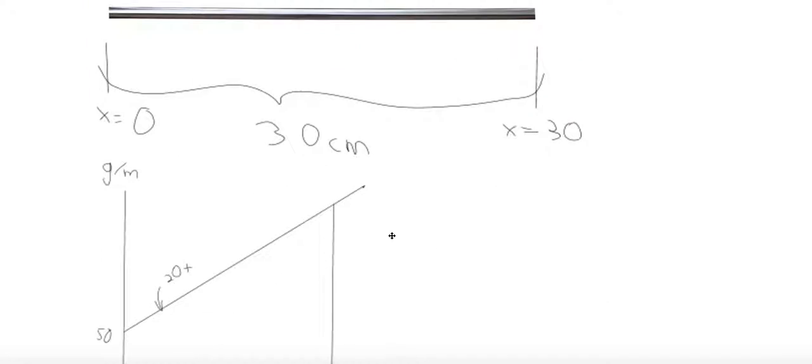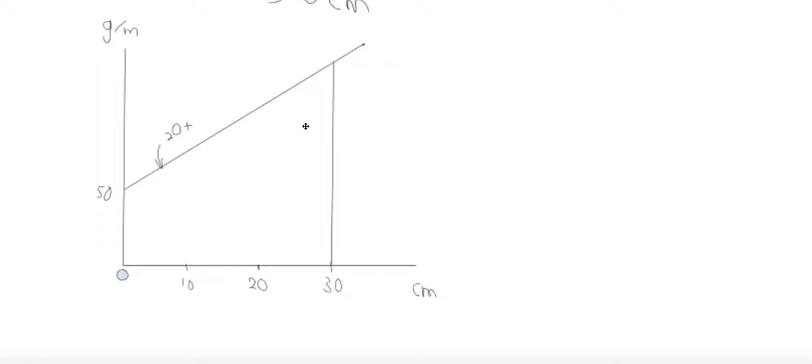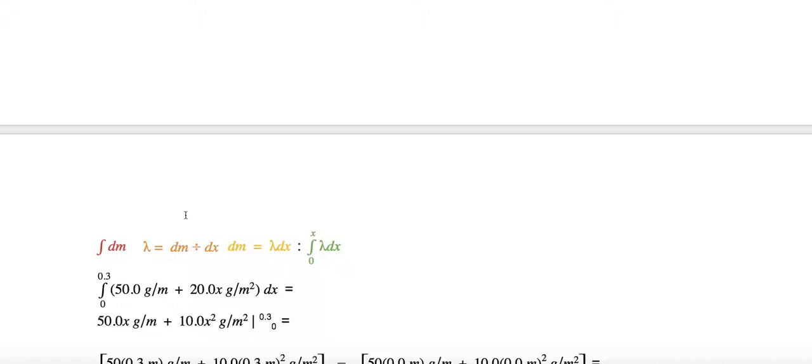First, what I did is I graphed the lambda equation over centimeters. And if you notice, the area under this curve is actually the mass of the rod. So to find the area under the curve is just the integral, and that's basically what I did. So first we have the integral of dm.